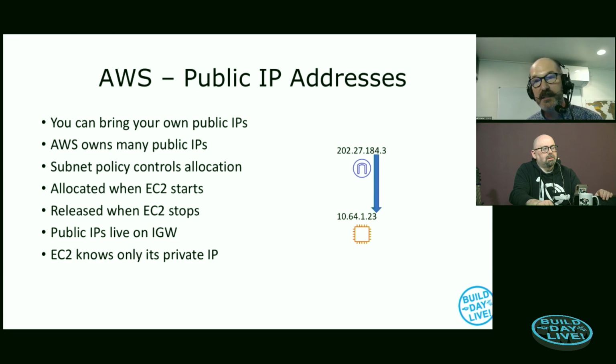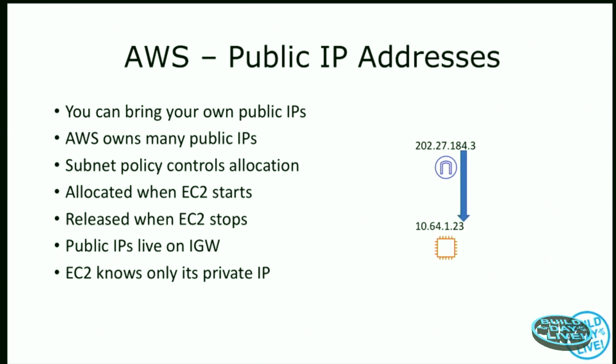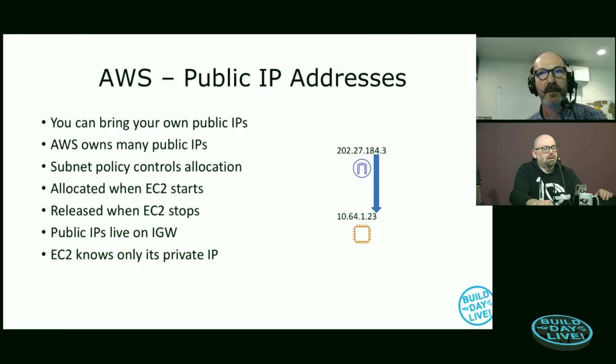So all of the traffic in this case that goes to 202.27.184.3 would actually land on my EC2 instance, whose IP address is 10.64.123. Okay. And so the EC2 instance only knows its private address, it doesn't know its public address, but the NAT gateway handles that for us. And you'll see in the next video where I show you actually building this in the AWS console, where that information is available to you in the console.